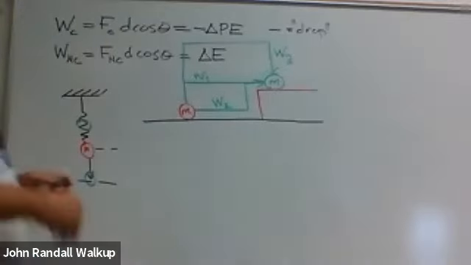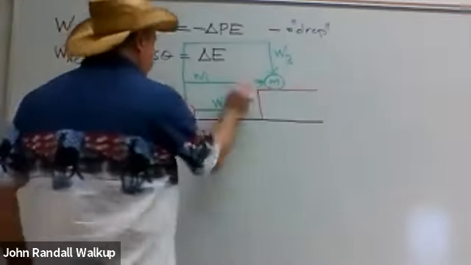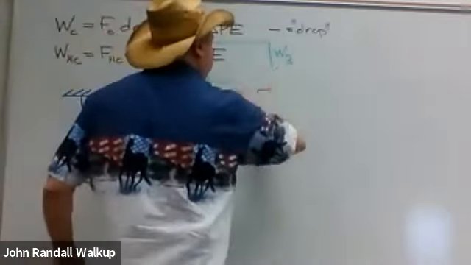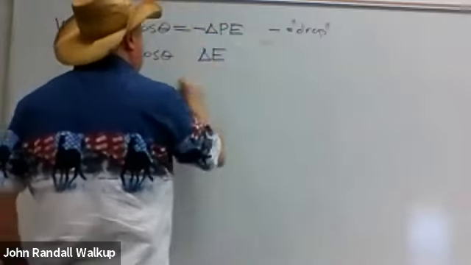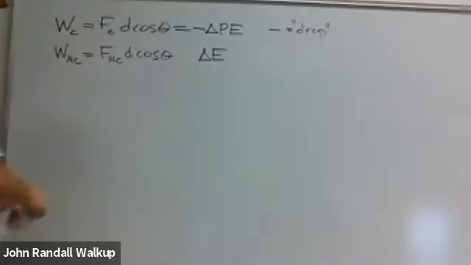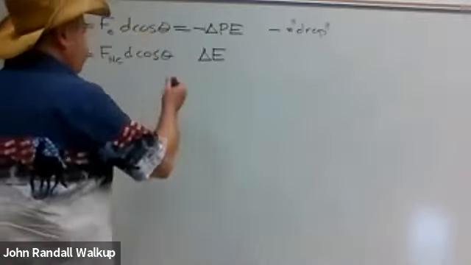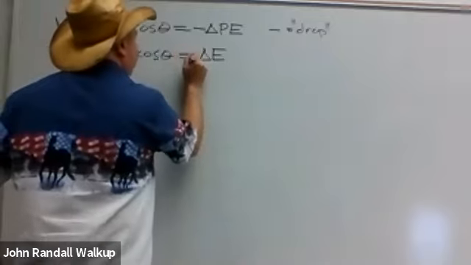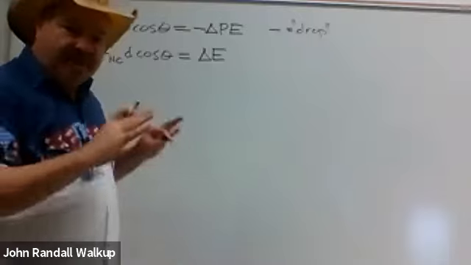Now, what about a non-conservative force? I'll show you. The most obvious non-conservative force, although that's really not strictly true, but the most obvious one, is friction. So now I'm going to take a bird's eye view.